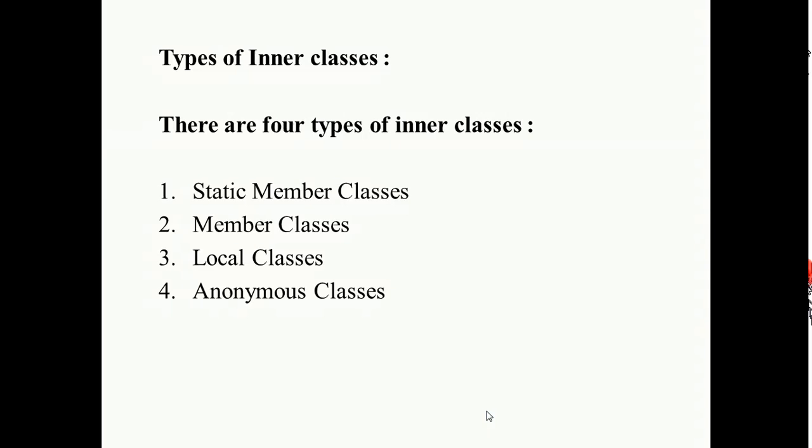Next is the member classes. This type of inner class is a non-static member of the outer class. Third one is the local classes. This class is defined within the Java code just like a local variable, and local classes are never declared with an access specifier.